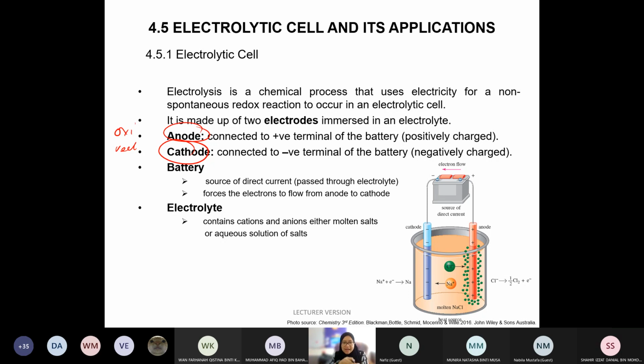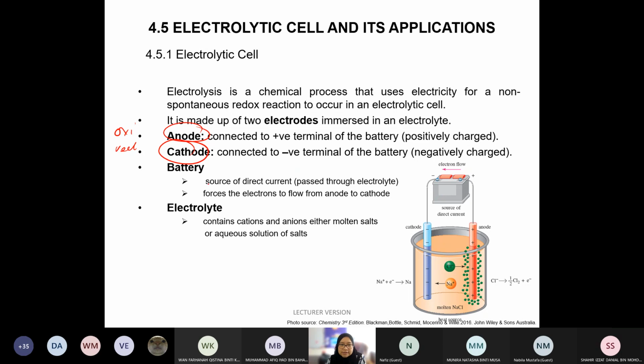But in electrolytic cell, it depends on how it is connected to the battery. Normally the anode is connected to the positive terminal of the battery, cathode pula to the negative terminal. Dia akan rely on the terminal of the battery.